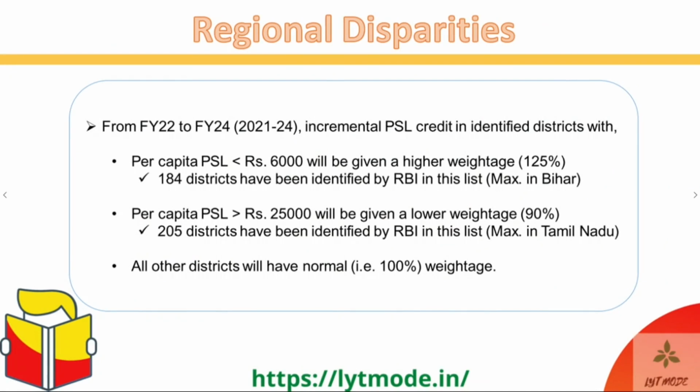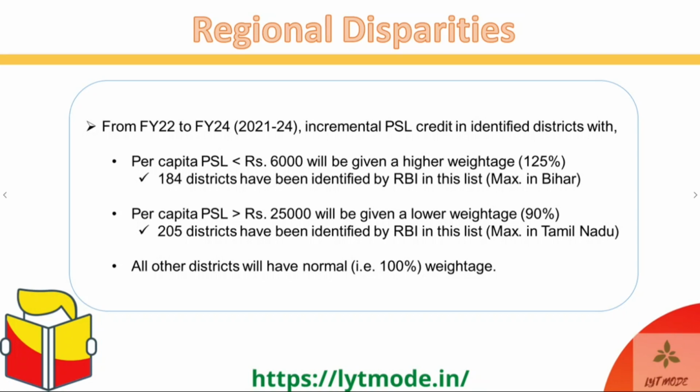Regional disparities. This is again a very interesting and very good thing that is being done in the PSL targets. What the Reserve Bank of India has done is create three categories for districts according to the per capita PSL lendings given to them.